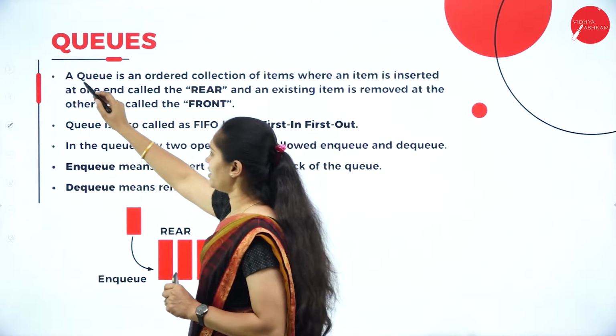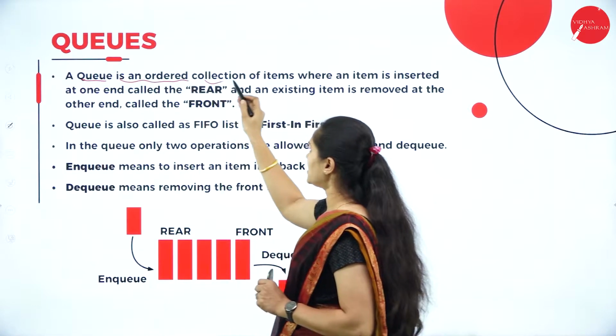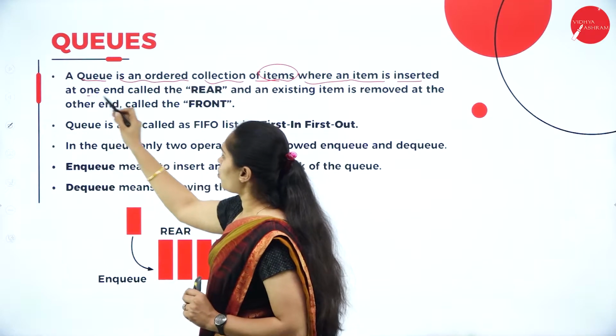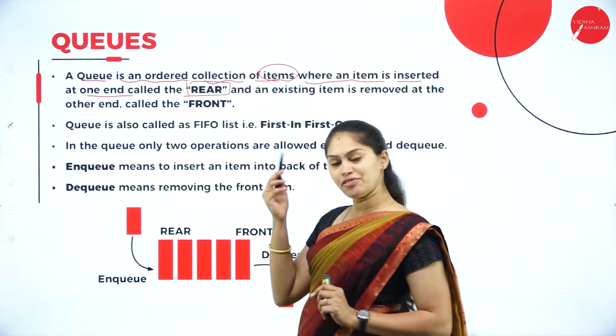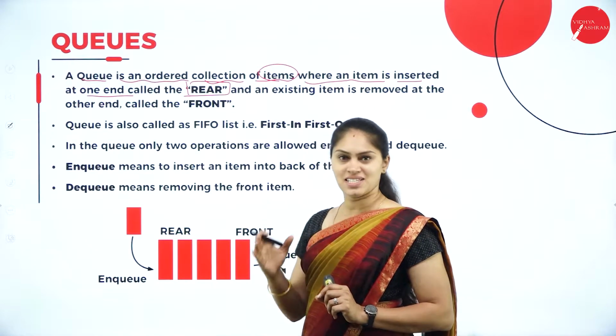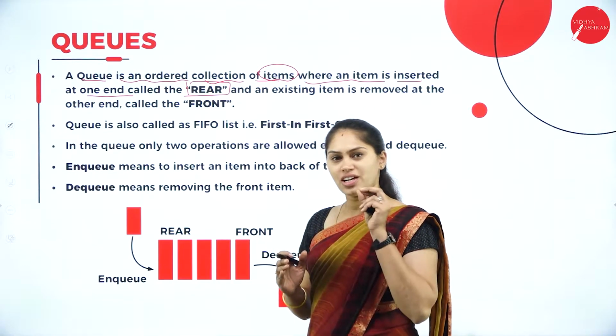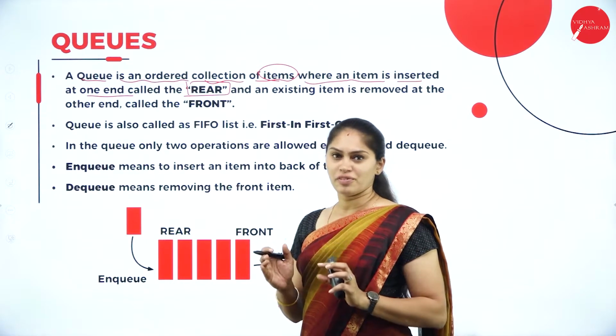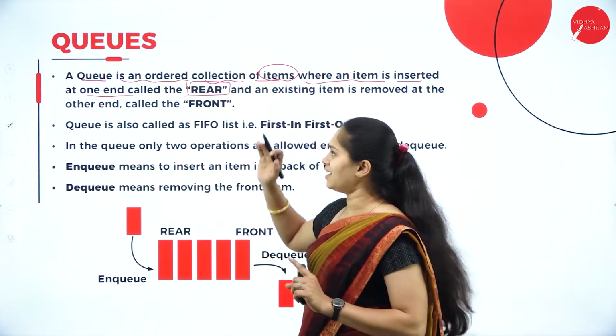So here you can see the definition. A queue is an ordered collection of items where an item is inserted at one end called the rear. If you imagine a stack, already you know about stacks, right? Insertion and deletion both take place at the same end called the top of a stack. But that is not the case in a queue.